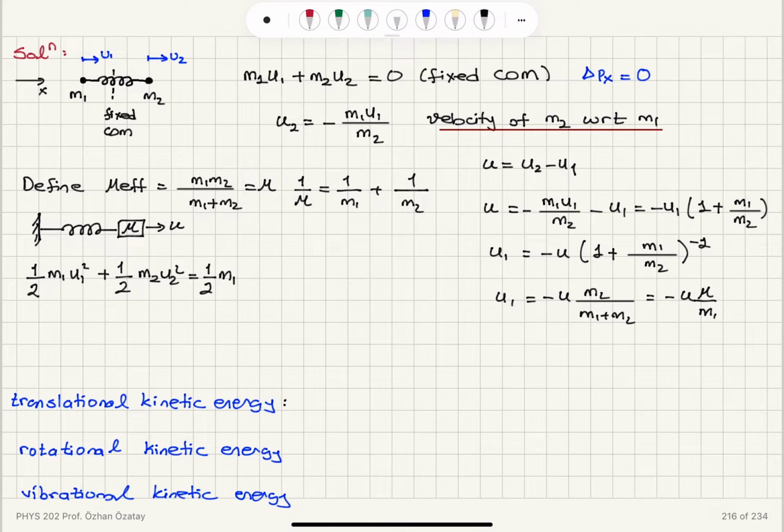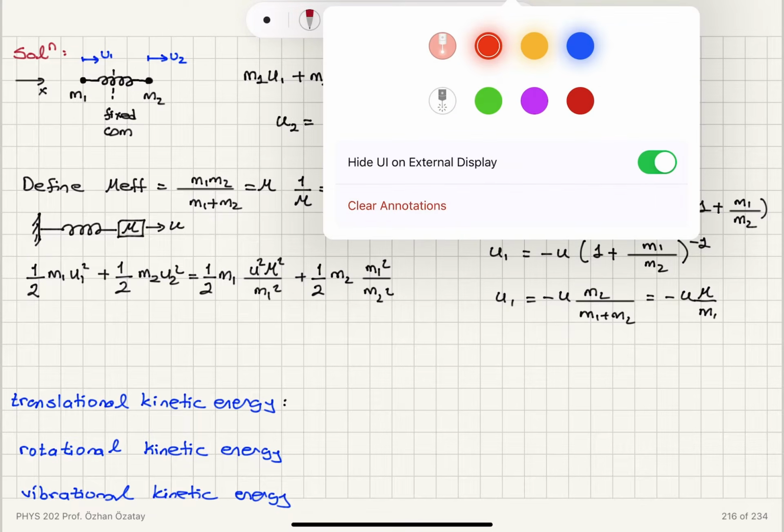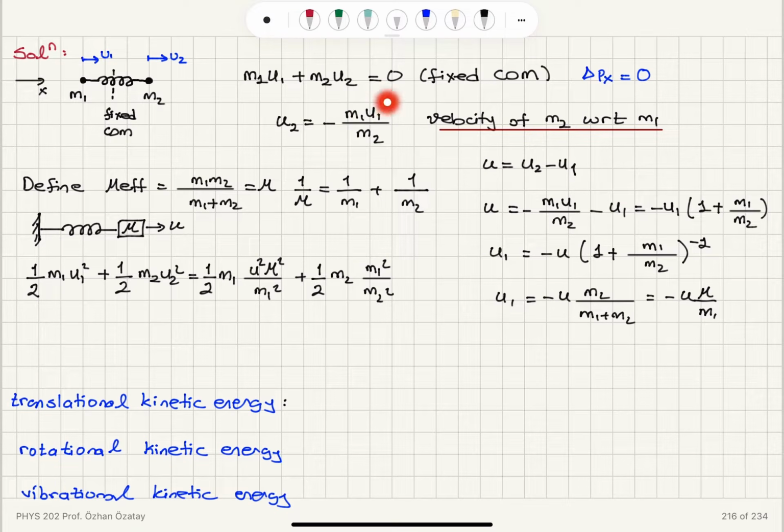For u1 I substitute minus u mu over m1, so it's going to be equal to u squared mu squared over m1 squared, and then I have plus 1 over 2 m2 u2 squared, which is m1 squared over m2 squared multiplied by u1 squared.